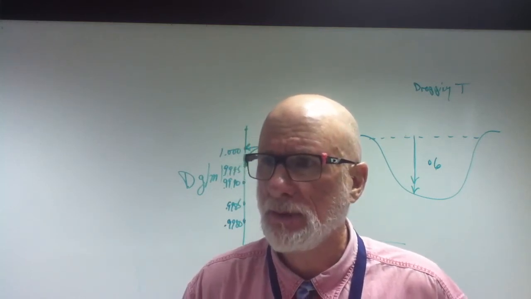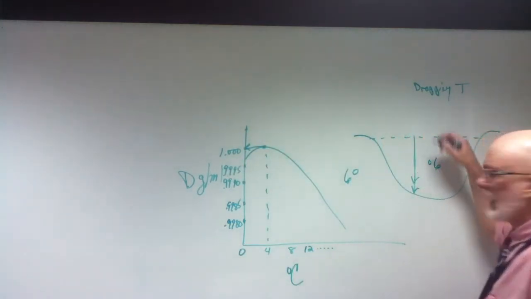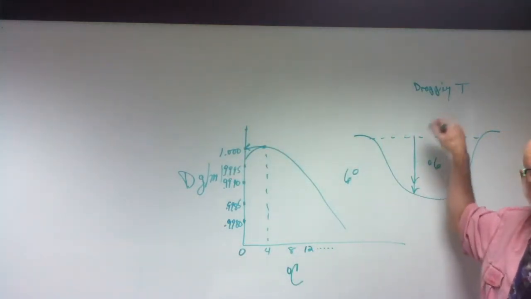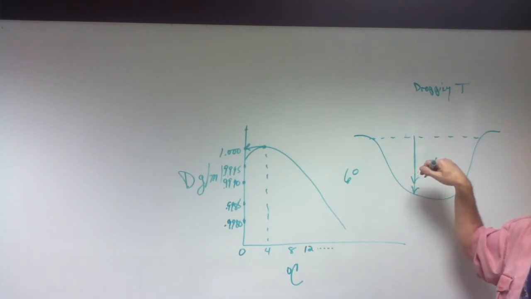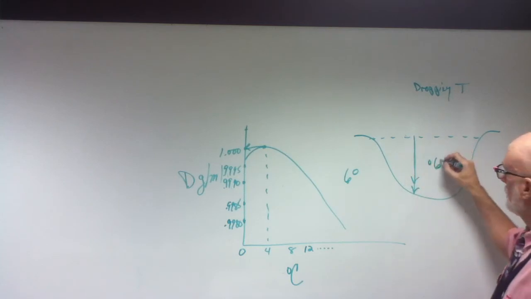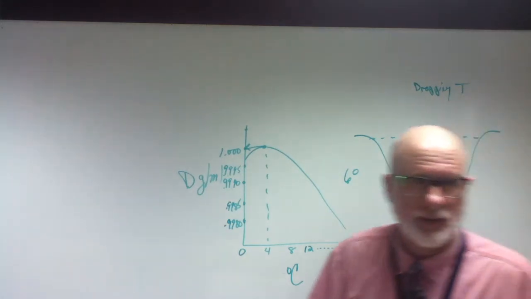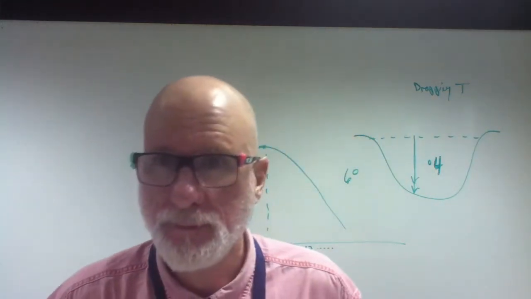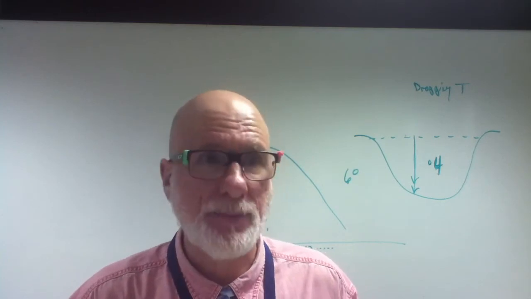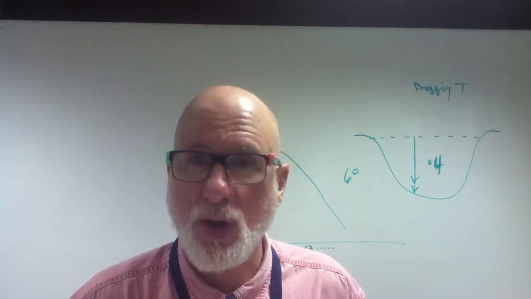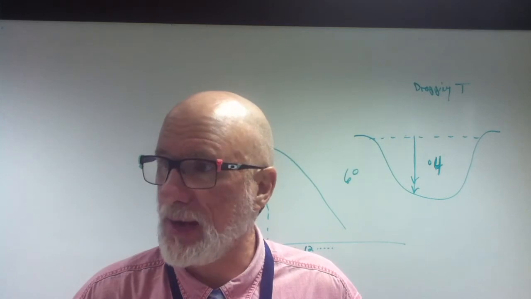It gets the most dense, and everything has to fall, right? To get more dense, right? Okay? You get it? Because what happens if there's some water in here that's 5 degrees Celsius? It'll rise to the top. So that 5 degrees Celsius water has to cool off to 4 degrees Celsius, correct?